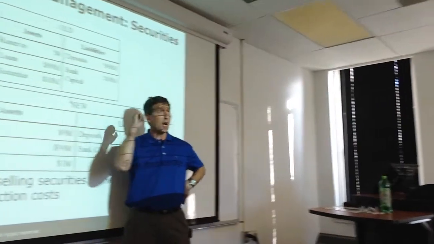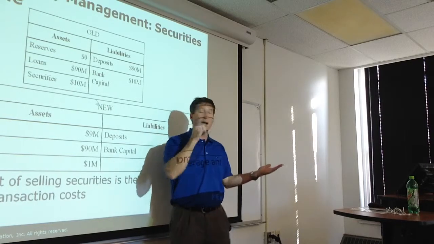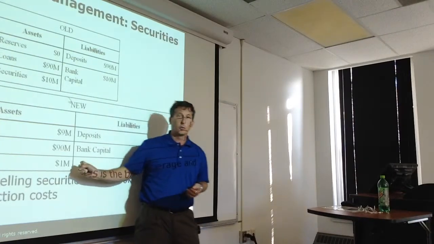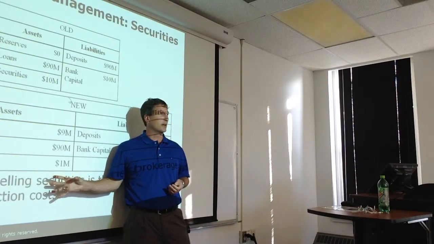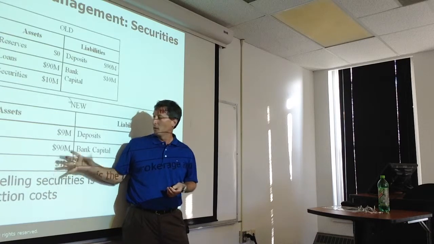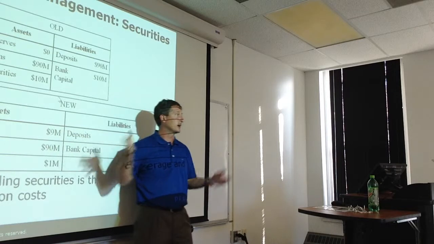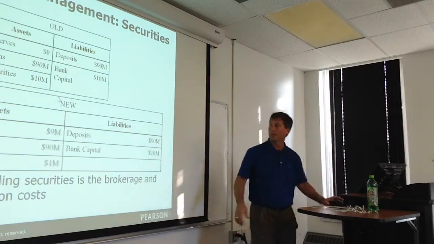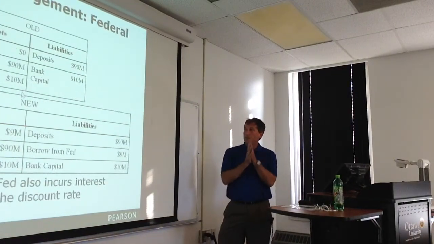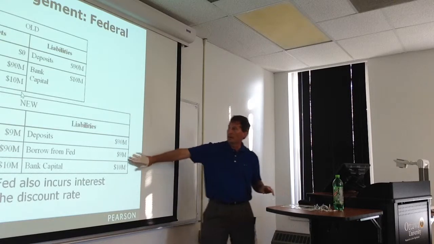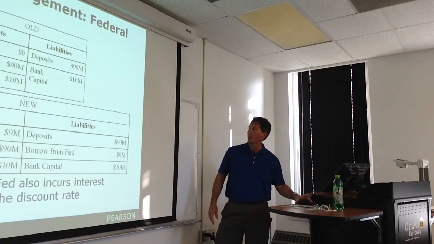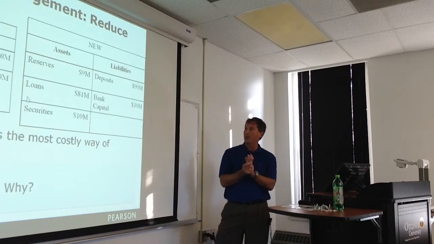So we called up our stockbroker this time rather than another bank. Instead of borrowing it, we sold off some bonds that we had or some other sort of securities. We sold them, cash got put into our account, our reserves went up to $9 million, and we shored ourselves up again. Here was the borrow from the Fed. Looked exactly like the other one, except that it's labeled with Fed.